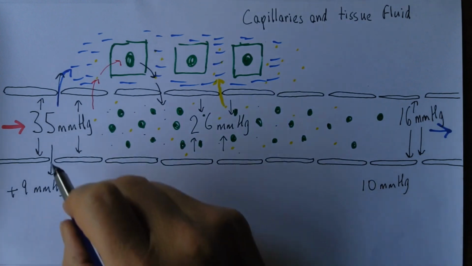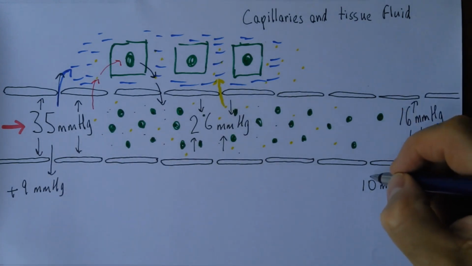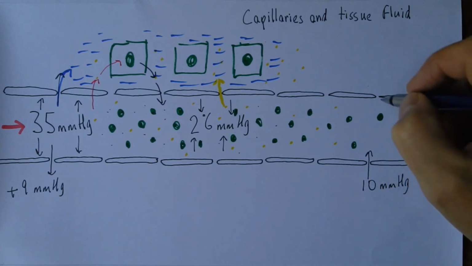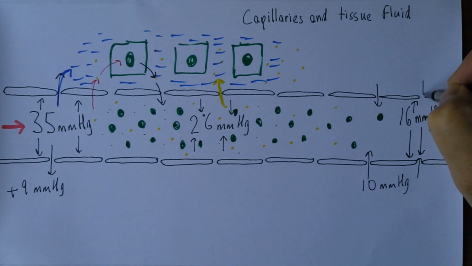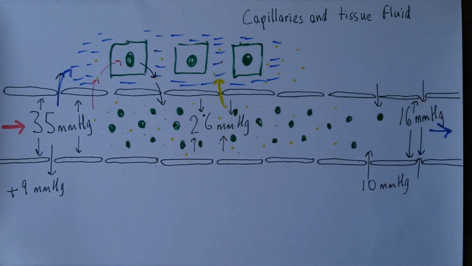This is pushing out, and that is going back in. So the suction effect of the plasma proteins has overcome the hydrostatic pressure within the capillary, so the tissue fluid is going to be reabsorbed.